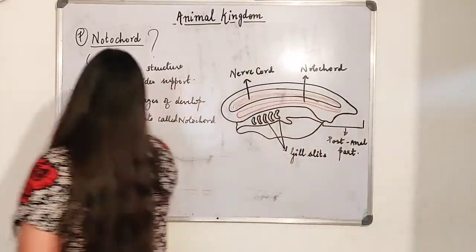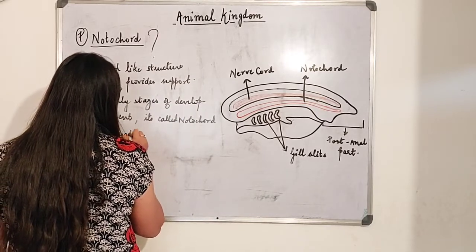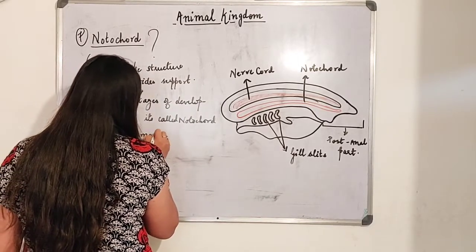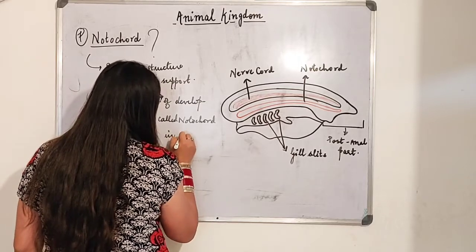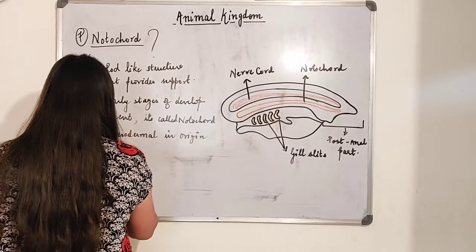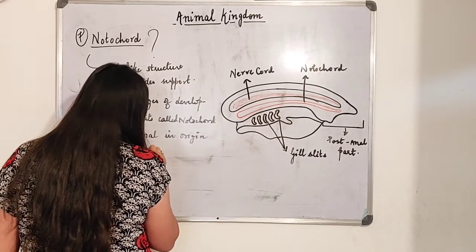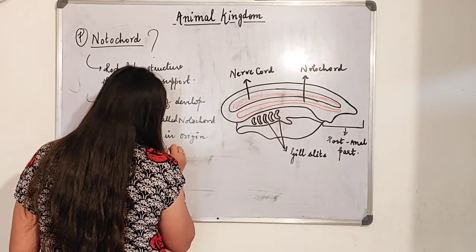This notochord, beta, is mesodermal in origin. That means it is derived from the cells called mesodermal cells.